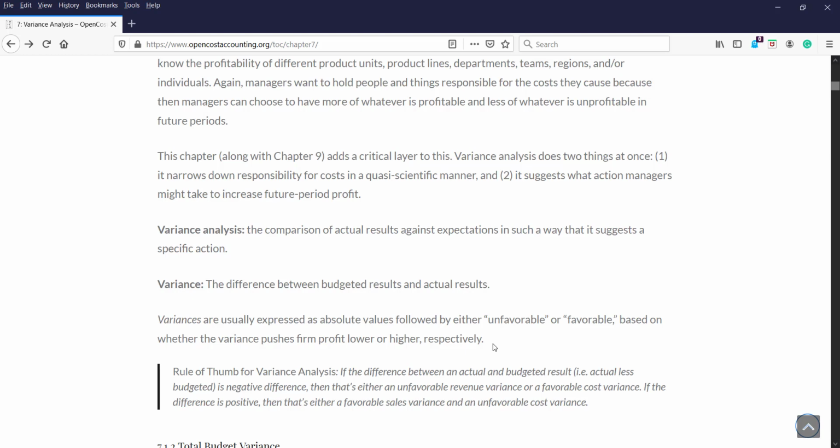because it helps me to then say what I or the company should do about it. So the other thing you could do is simply ask, which of these two is greater? Was actual greater or was budgeted greater? And I can simply say, if it's revenue and actual is greater, that's good. If actual was less than budgeted, then that's bad for revenue. And if it's cost, then actual being greater is bad for cost. Budgeted being greater is good for cost.